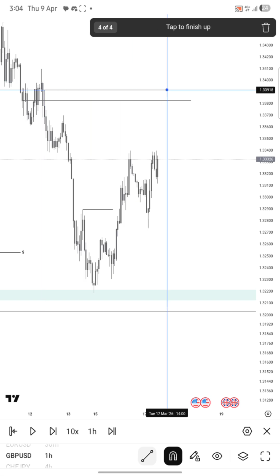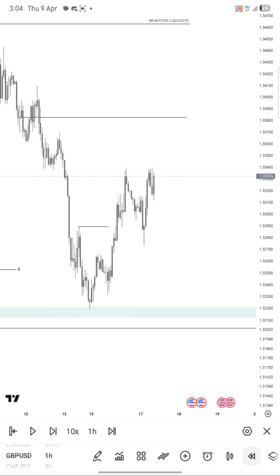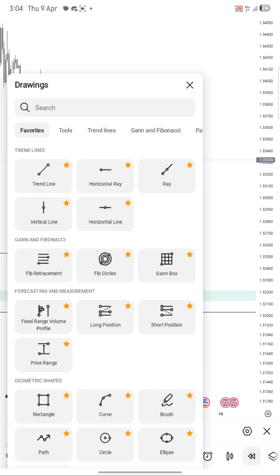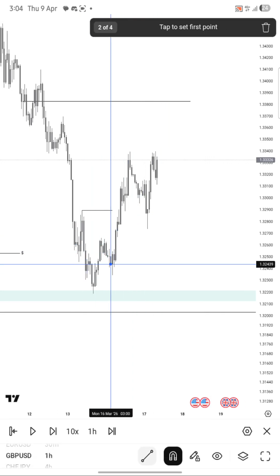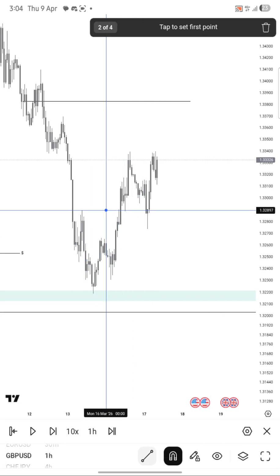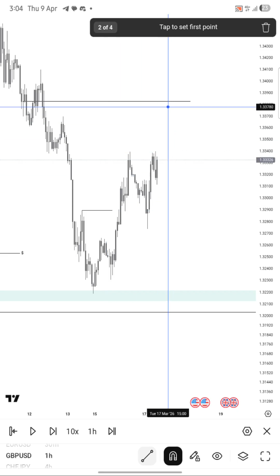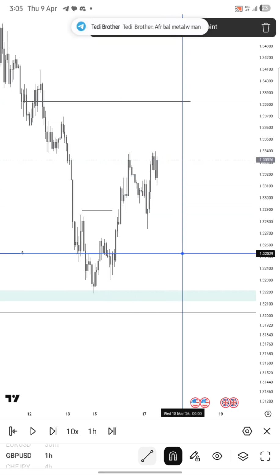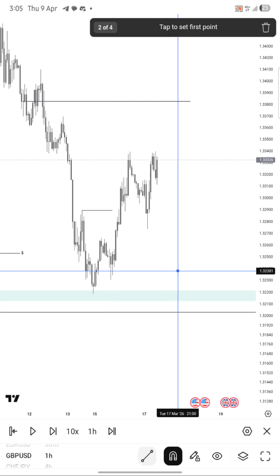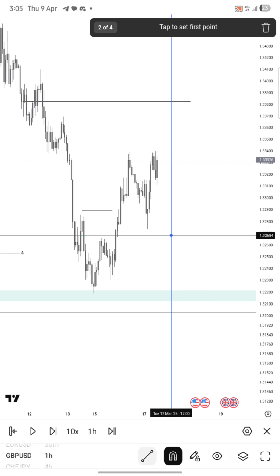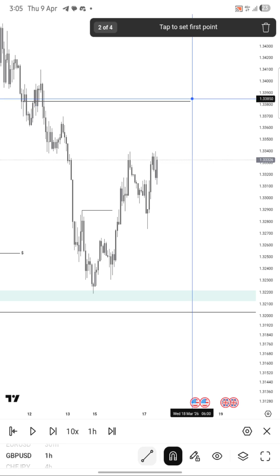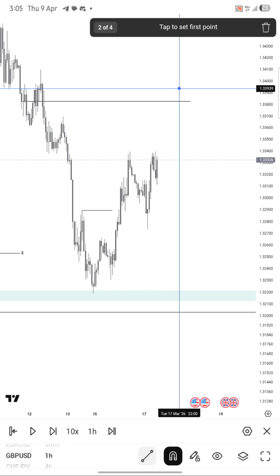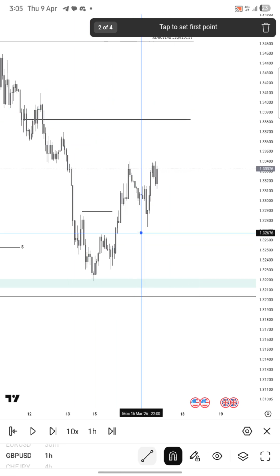I'm not doing analysis for this one, but what we are anticipating right now is, since we want to buy around this discount level, we have a market structure shift here, and the price needs to come and clear this liquidity around here and reverse from that. So it's going to be a ping pong thing. Instead of getting into that, we will just anticipate the market and be buying.